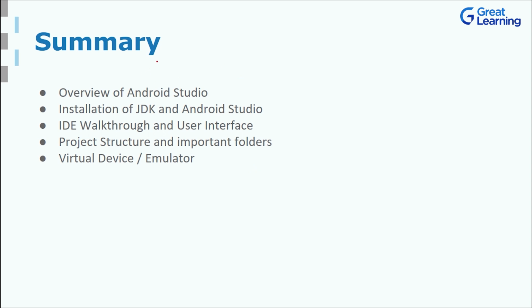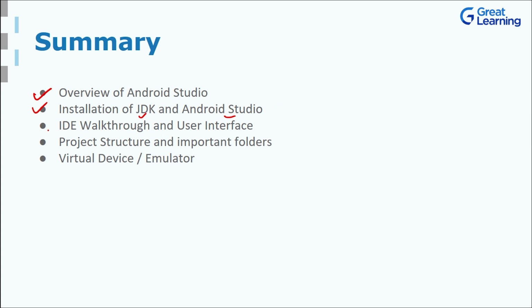Now let's try to summarize what we learned in this tutorial. In this tutorial, we first talked about the overview of Android Studio. In this, we talked about the features of Android Studio and why we should use it. Then we went on and understood the installation process of JDK and how to set up our environment variables. We also did the same for Android Studio and talked about the steps involved.